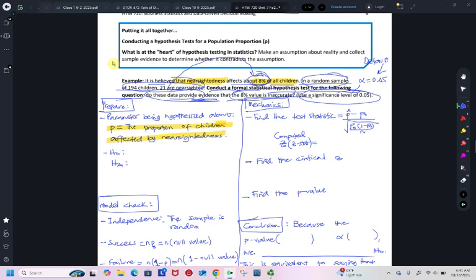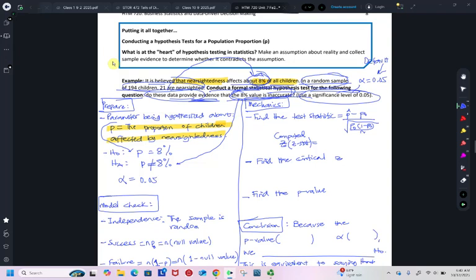In fact, we want to check if the data provide evidence that the 8% value is inaccurate or different. So, to set up the null hypothesis, we have P being the status quo, which is 8%, versus the alternative hypothesis that we want to test: is it inaccurate? That is, is P different from 8%? Our alpha at this point is 0.05, the level of significance of the test.